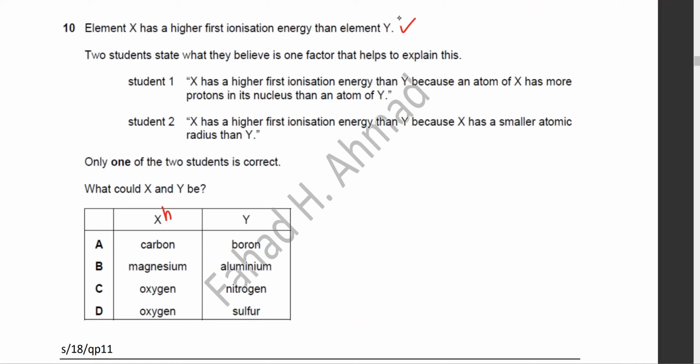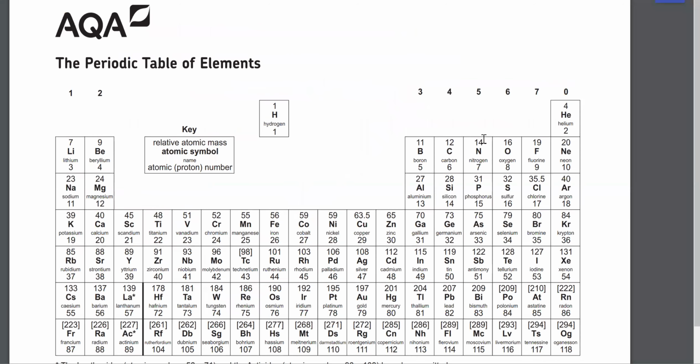X is supposed to be having a higher ionization energy compared to Y. So is that true for carbon and boron? Let's compare carbon and boron. Carbon is over here and boron is over here. Who's going to have a higher ionization energy, carbon or boron? Carbon.